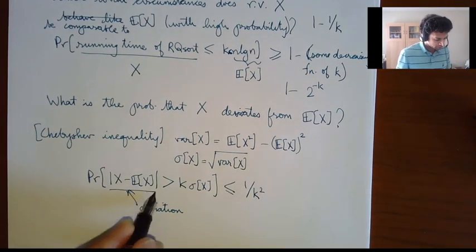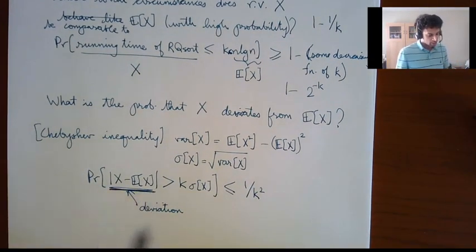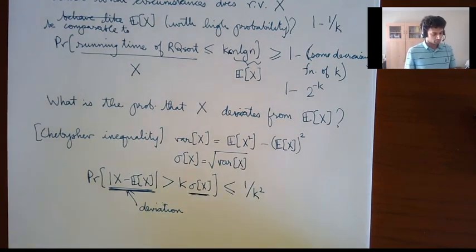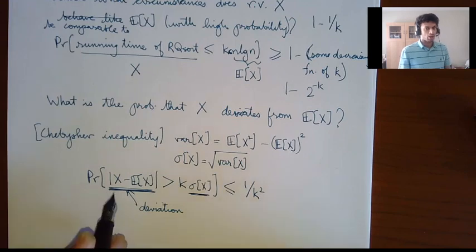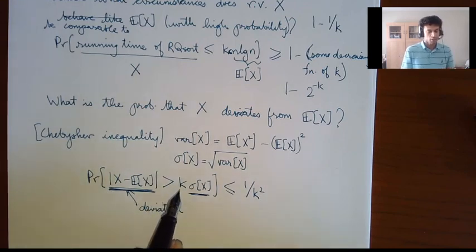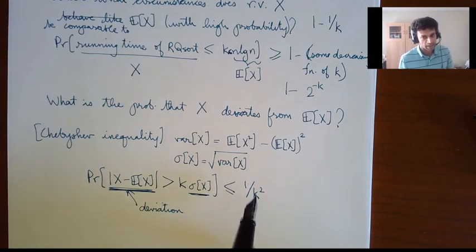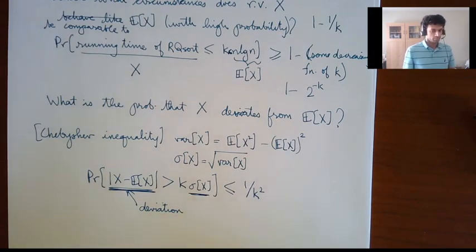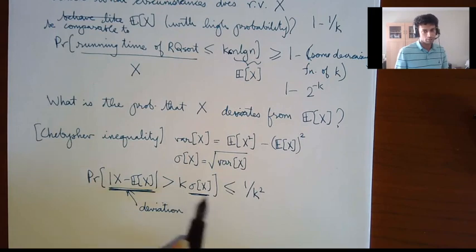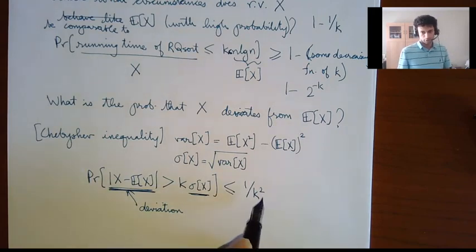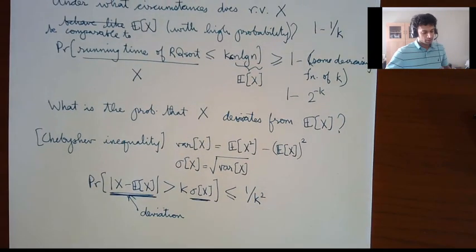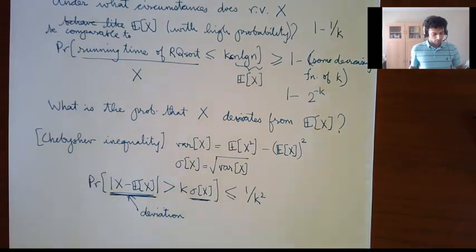You express your deviation in terms of multiples of the standard deviation. So you say the probability of having a deviation more than k times the standard deviation is at most something. And you see that you have a k over there, and you have a 1 over k squared over here. Again, to contrast with the Markov bound, I'll put the Markov bound over here.